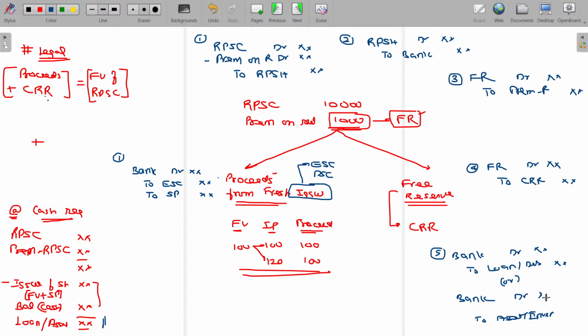While selling the asset, you will either get a profit or a loss, right? In case of profit on sale, that will be credited. In case of loss, it is debited to profit and loss account. So these are the 5 entries you have to master to complete redemption of preference shares comfortably, right?